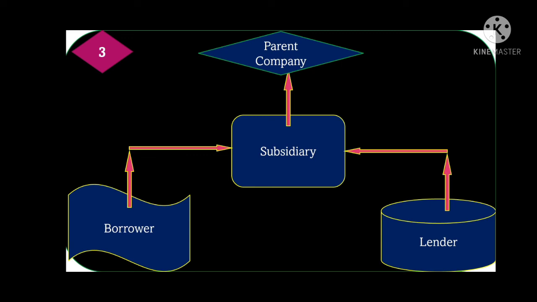Then in that case also the foreign equity holder can make the payment and complete the loan procedure, right? So if the lender and the borrower both belong to the same parent company as subsidiaries, then in that case also that lender can lend money to the borrower.